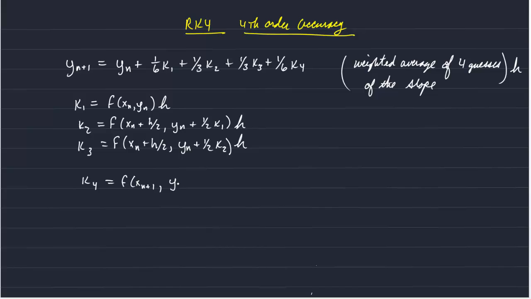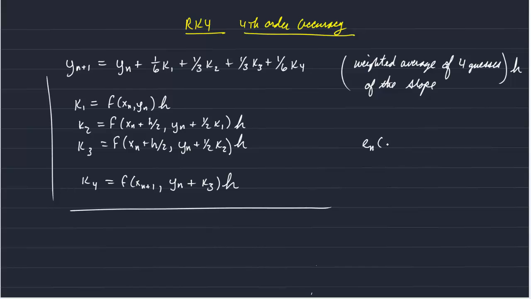And this is y at point n, plus K3 times H. And so this is in a nutshell our RK4, which has an incremental truncation error of order H5 and an accumulated truncation error of H4.